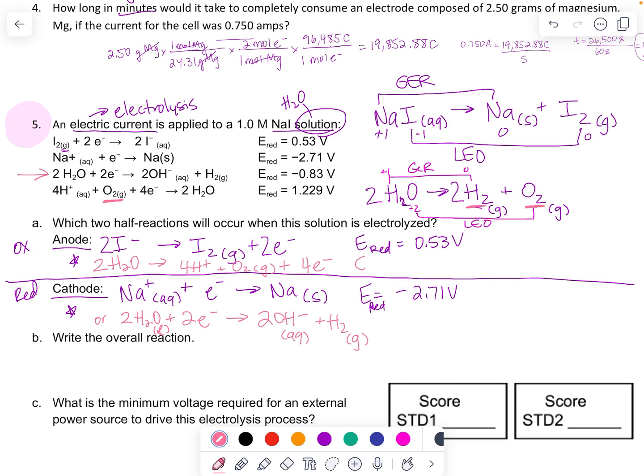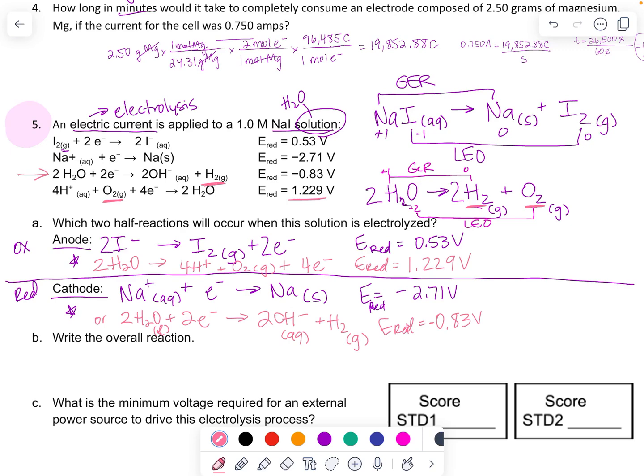Okay, so my reduction potential for the one that is producing oxygen, which is my oxidation, is 1.229 volts. And down here, the one that is making hydrogen, sorry, we got that confused earlier, is 0.83 volts, and this one's negative.